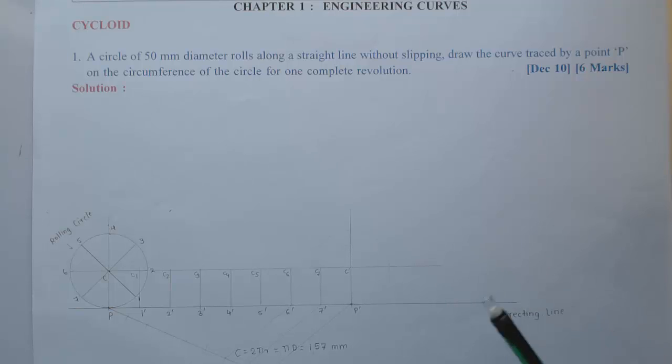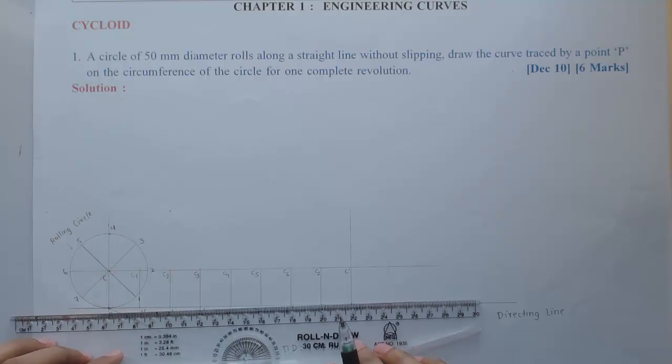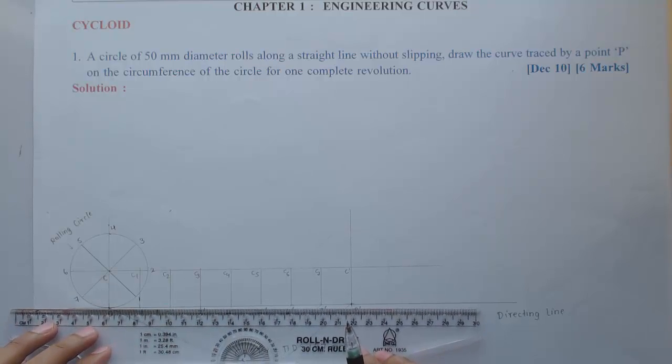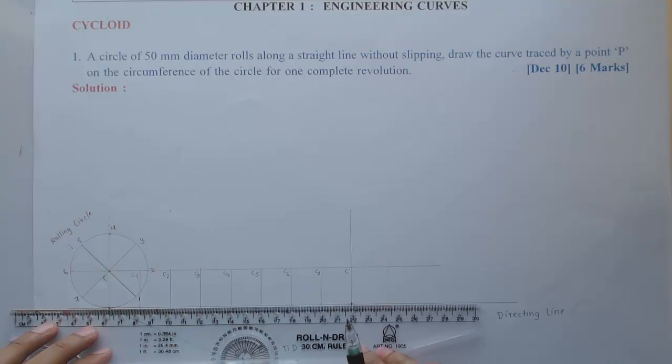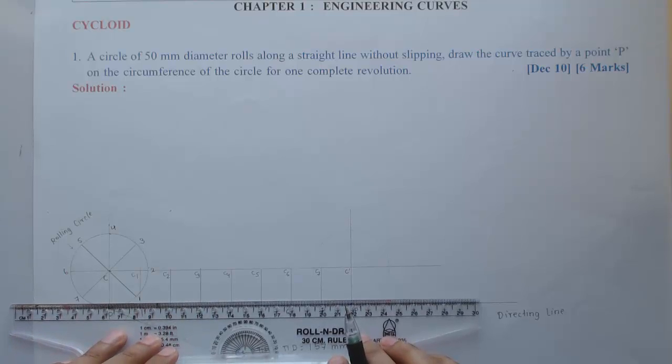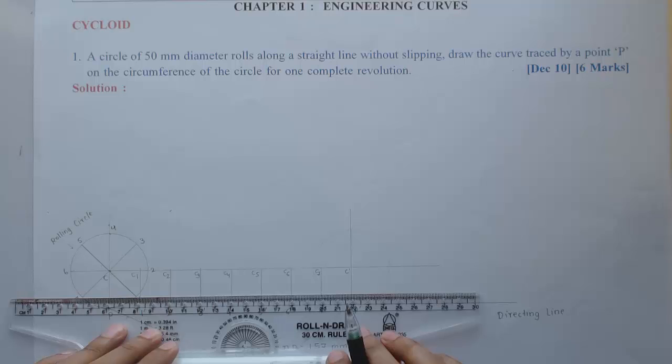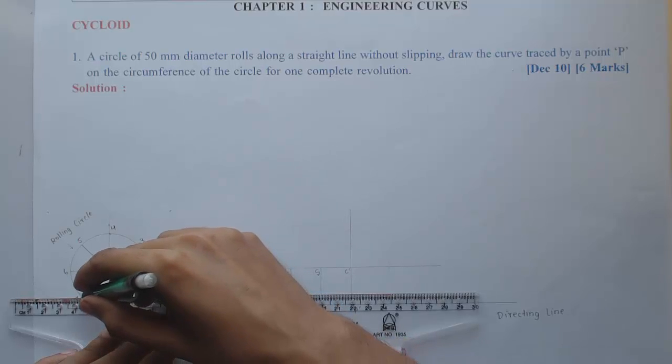Now the next step is to draw the horizontal lines from each division. If I start with the first division, since we are equally dividing the circle, it will again pass through 7 also.